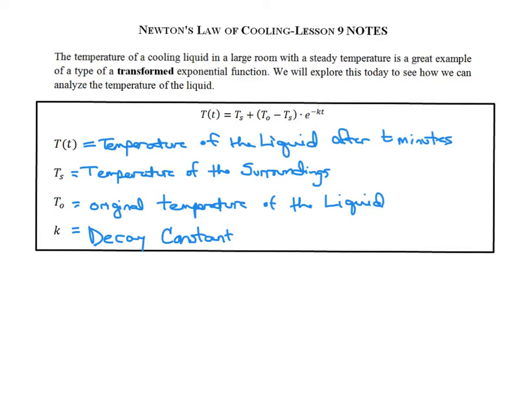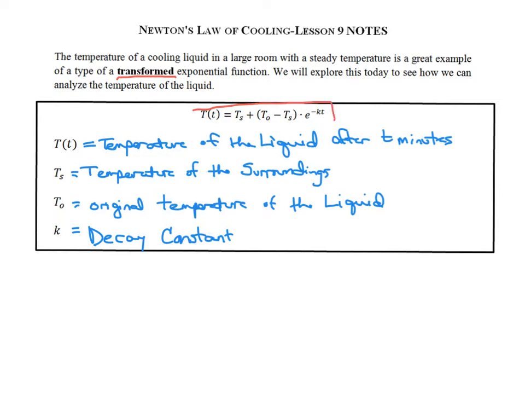We've taken a look at some translations of exponential functions, and this is going to be one example of translated exponential functions. Today we'll take a look at how we can analyze the temperature of the liquid using Newton's law of cooling. So first of all, inside the box you see the formula for Newton's law of cooling.